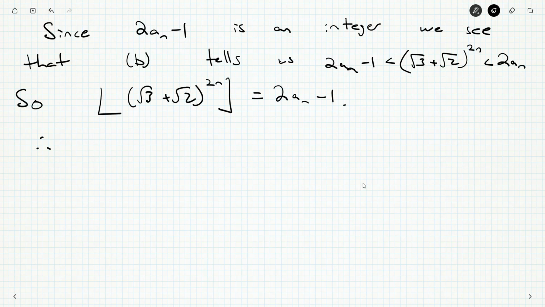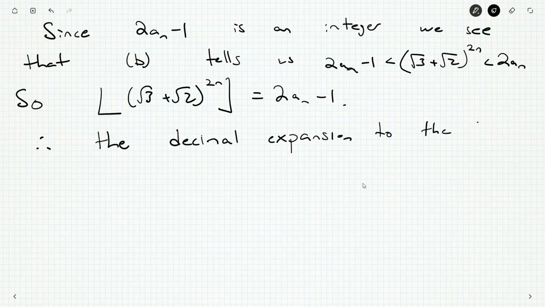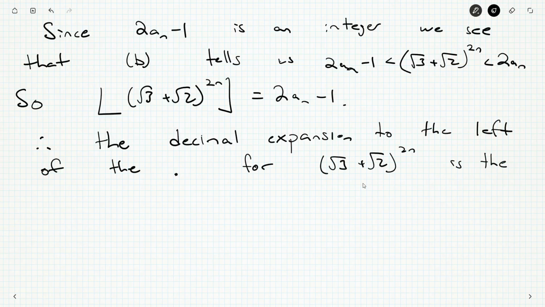What am I going to do with this? Well, this allows me to say the decimal expansion to the left of the decimal point for root 3 plus root 2, the integer part of this guy, is the same as 2an minus 1.